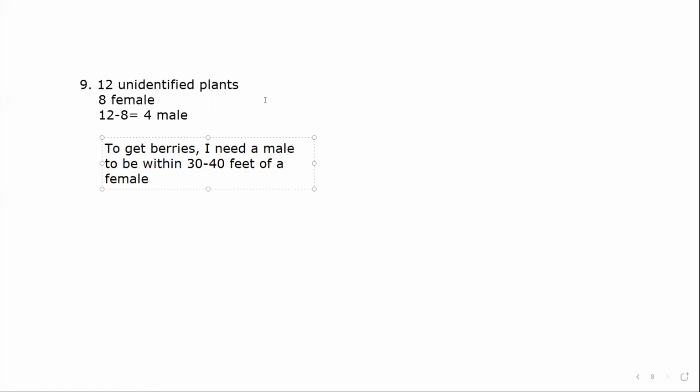So I have 12 plants. I bought 3 of these plants. So choose 3. And I want to know, what is the probability of getting berries? Okay, the probability that you'll produce berries.